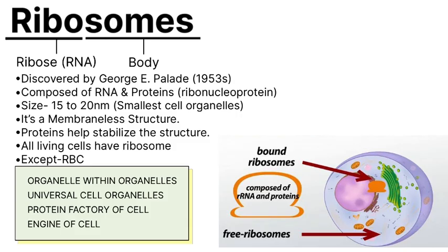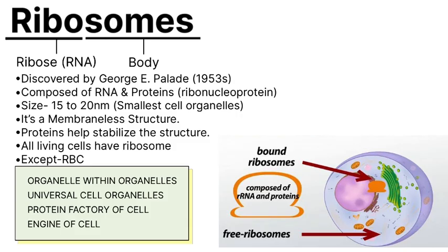If we talk about their size, ribosomal size is measured in nanometers, approximately 20 to 30 nanometers. That is why ribosomes are considered the smallest cell organelles. And because of their small size, a single human cell can have millions of ribosomes. Despite their size, they play one of the most important roles in protein making.